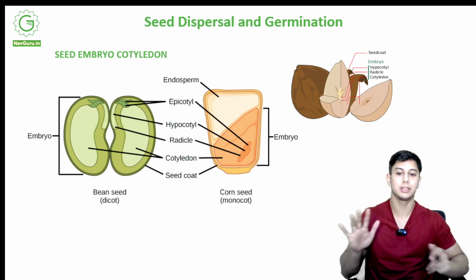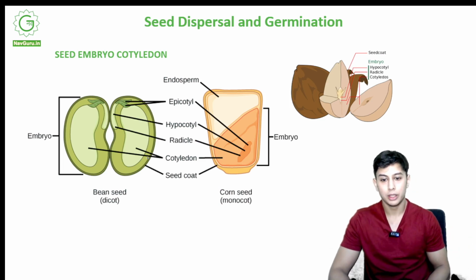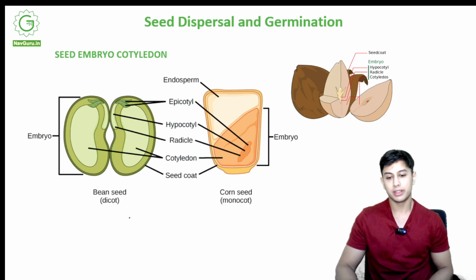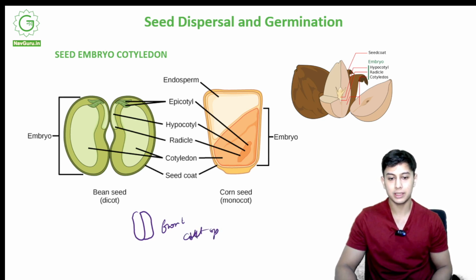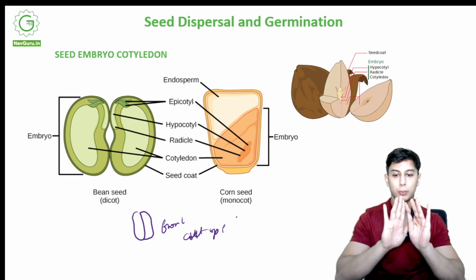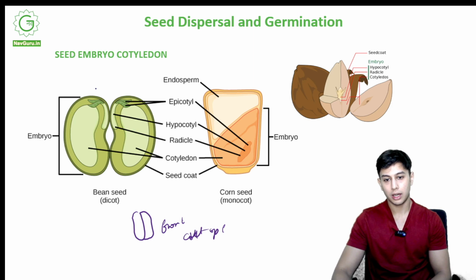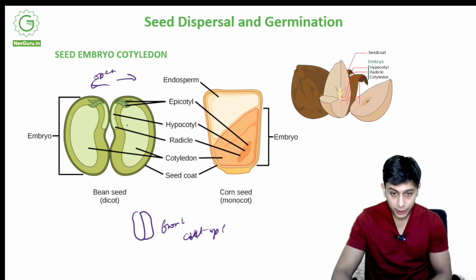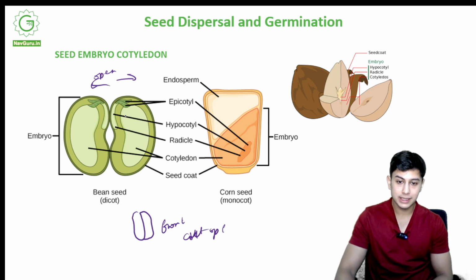Let me show you with the perfect diagram. So this is a bean seed. Now if there was a single bean, it would look something like this from the front. If I cut open this and open it into two halves, now we can see what is inside.